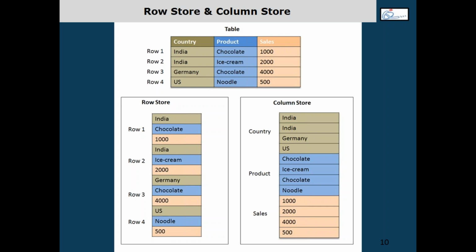Any database you refer to, if you have to store data physically and persistently, you have to use a structure called a table. So a table looks something like this. Let's say you see a table with country, product, and sales. I've got countries like India, Germany, US, and some products, chocolate ice cream, chocolate noodles, and some sales. This is my table.